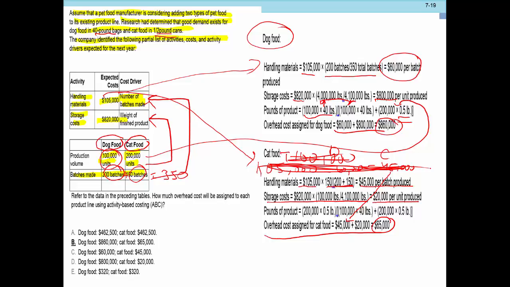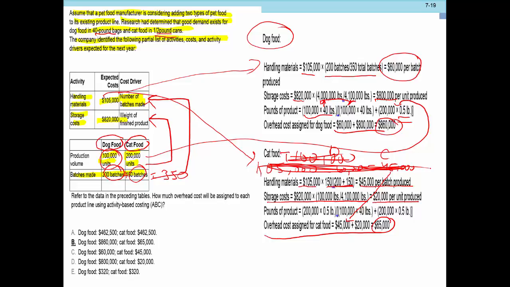I was just saying that if you had a total of 105,000, maybe I shouldn't have struck it out because somebody might want to see it. I'll write it back. But 105,000 for the handling for the dog food. I'm just saying that if it was 105,000 and you've already allocated 60,000 to the dog food, there's only 45,000 left to go, right? But that's not the final answer. Then you've got to get the 20,000, which we calculated for the handling, right? Just showing you how to save time on the test.